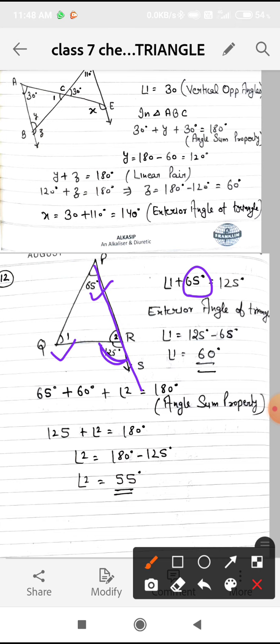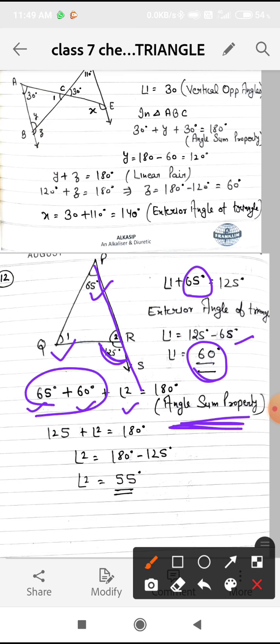So 125 minus 65, 60 degrees is the value of angle 1. One angle is 65, another is 60. Can't you calculate the third one by applying the angle sum property? 65 plus 60 plus angle 2 is equal to 180 degrees. I move to the right hand side, 180 minus 125, 55 is the third angle.